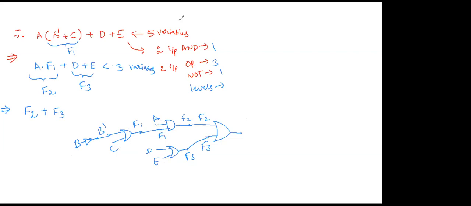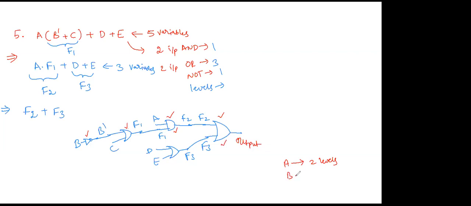If you look at A, from A to output, this is the output. From A to output, how many levels are there? A is passing through one AND gate, next OR gate. So two levels are there. Next look at B. B is passing through NOT gate, one level, OR gate, two levels, AND gate, 3, OR gate, 4.